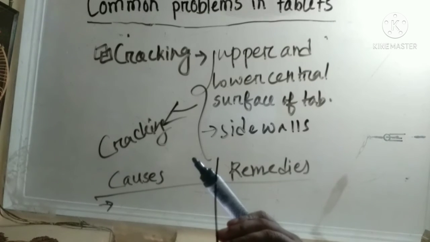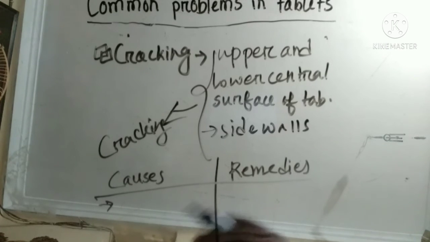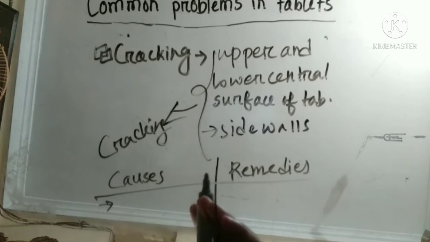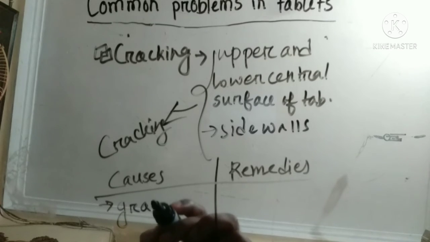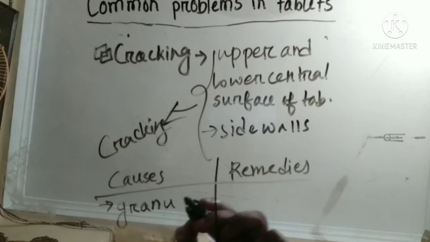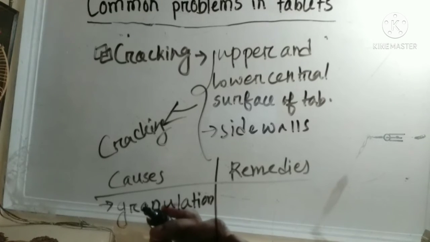Add moisture. Okay, so you should add this point which I have written before. Now you can write granulation too cold, granulation is too cold.